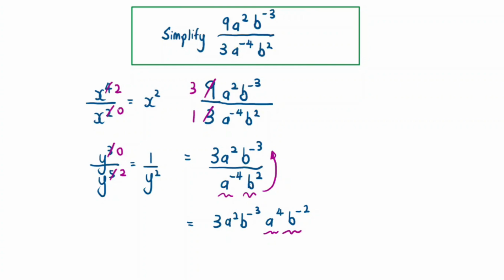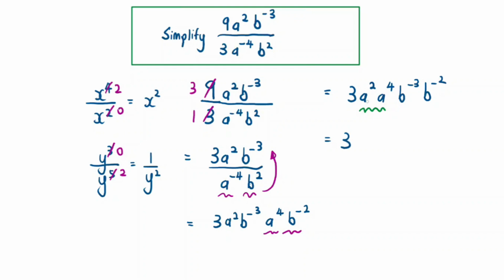Next I will group the terms with a together and with b together. So we get 3a squared times a to the power 4, and the terms with b would be b to the power minus 3 times b to the power minus 2. Then let's simplify the terms with a first.